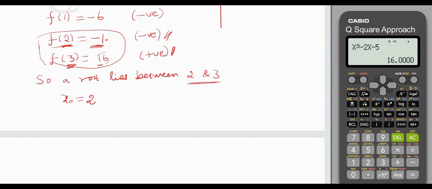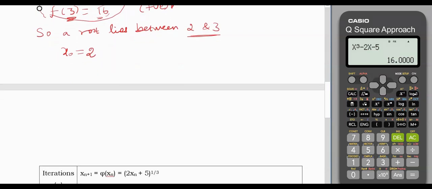Next, we have to write the equation f of x, that is x cube minus 2x minus 5 equal to 0, in the form x is equal to phi of x.